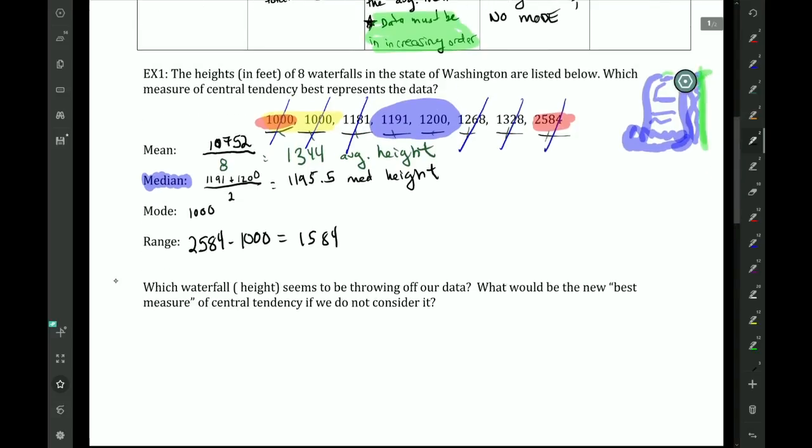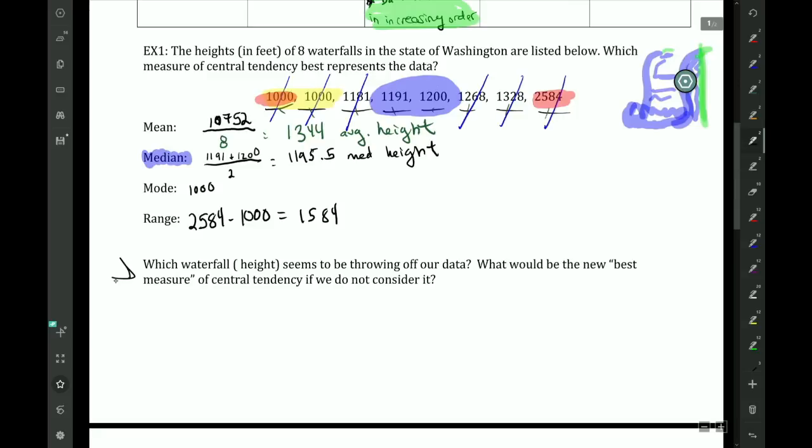Now, that all is pretty easy. What's a little more challenging is kind of the critical thinking. Which waterfall seems to be throwing off our data? Well, say you go out to Washington and you see a few of them. You see the 1,000-footer, you're like, oh, that's a nice one. You see another one that's 1,000 feet.